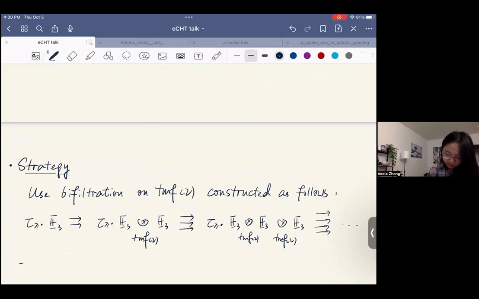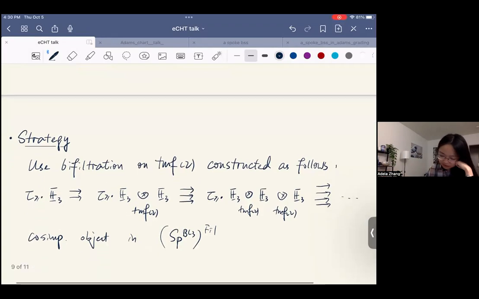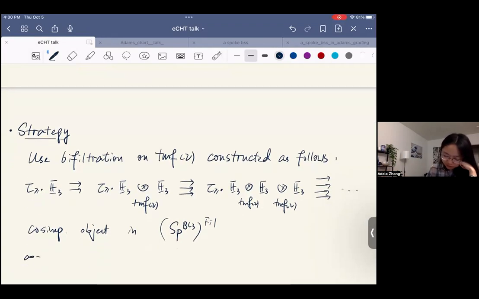Therefore, we get a co-simplicial object in the category of Borel C3 equivariant spectra, filtered. This is the category of filtered objects, so we can consider a co-simplicial object in this filtered category. And then let's use the infinity categorical Dold-Kan correspondence.